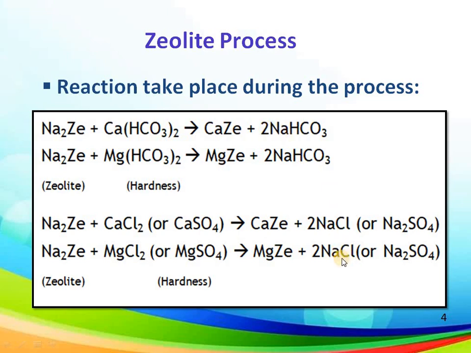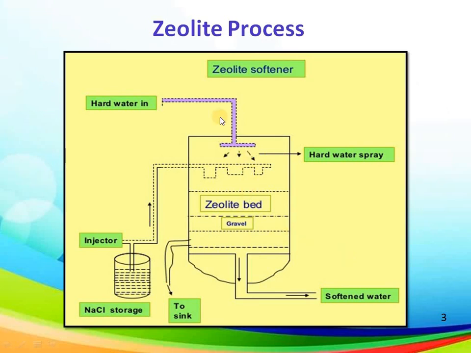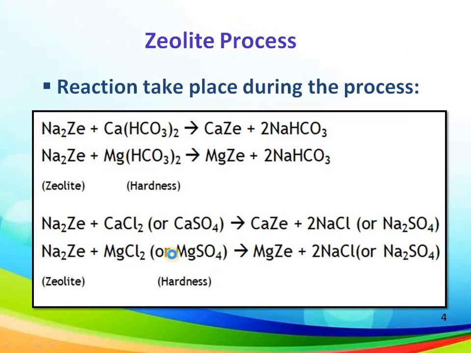As the water passes through the zeolite bed, the calcium and magnesium salts present in the hard water are trapped by the bed, and soft water comes out from here.